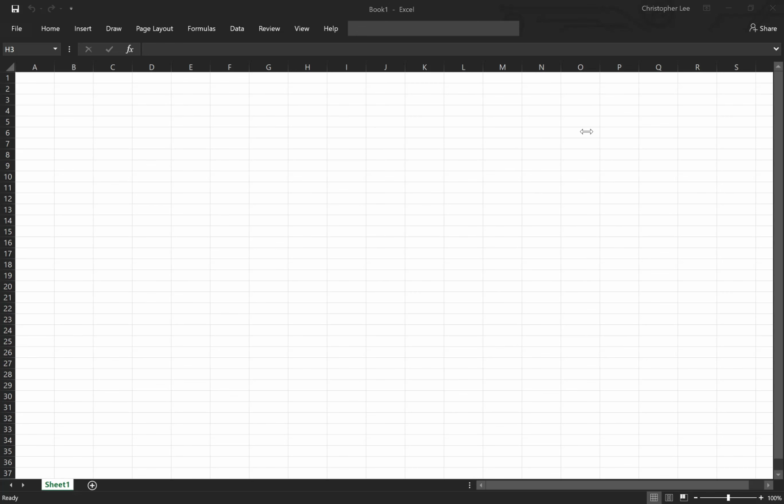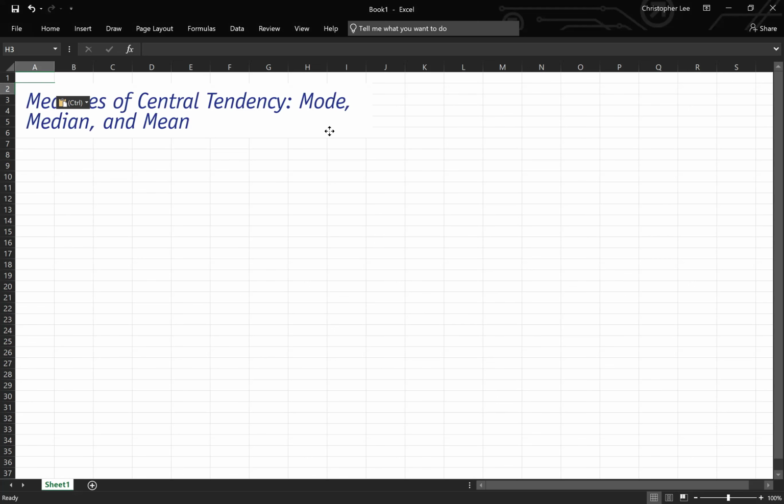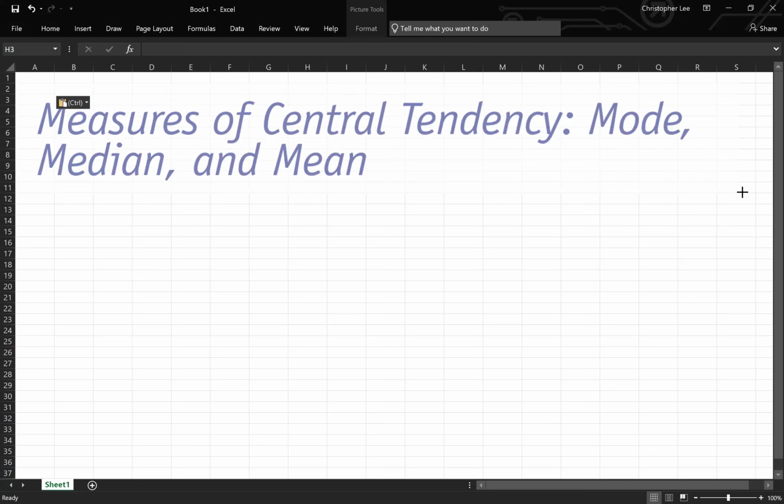All right. So this is our first topic. We're gonna do measures of central tendency: mode, median, and mean.